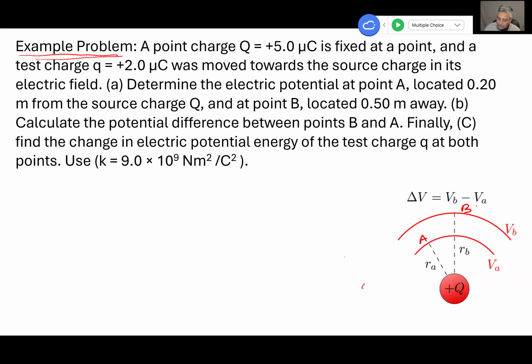So you are given source charge Q, which is positive 5 microcoulomb, means 5.0 times 10 to the power negative 6 coulomb, fixed at a point, and test charge q is also positive 2 microcoulomb, was moved towards the source charge in its electric field.